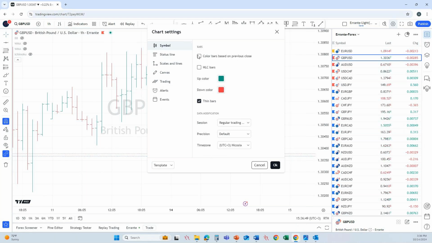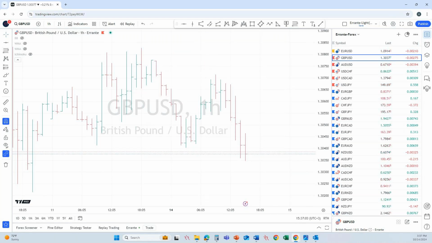And here you see the bars. You can take on this color bars based on previous close, or just a regular candlestick chart, which is more common, but doesn't matter. We will get to some details later that can make a difference for us.